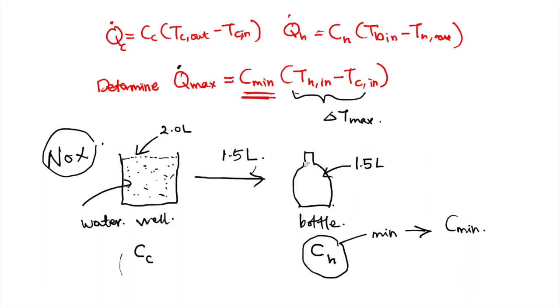If you transfer 2 liter, about 0.5 liter will flow out. So the maximum that this can receive or store is 1.5 liter. And if we can see here, this bottle capacity is the minimum capacity for this condition.